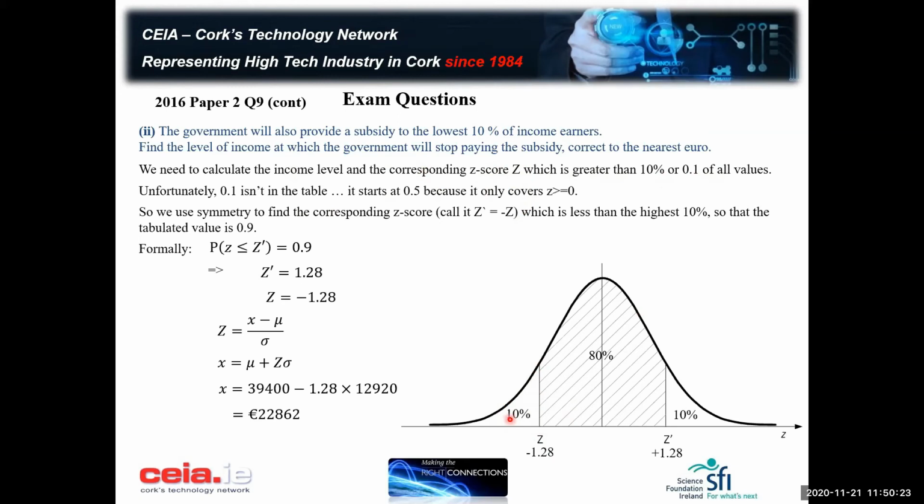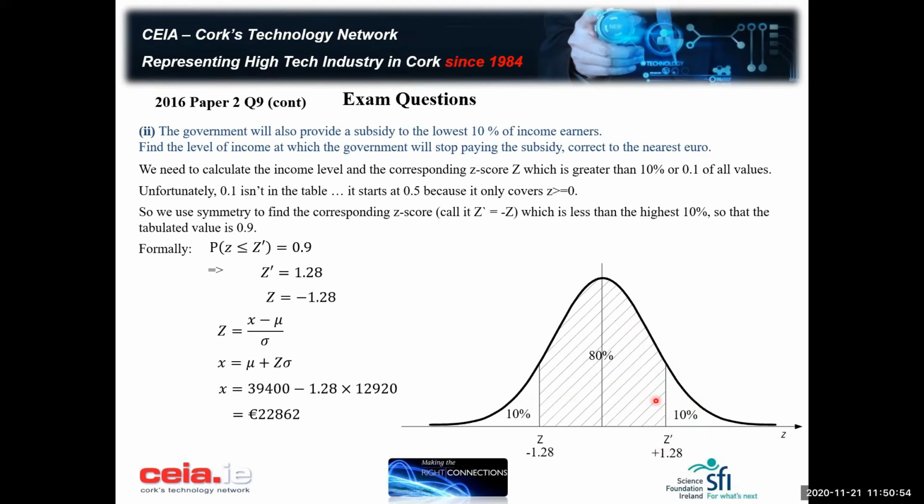So we actually need to use symmetry here to look at a corresponding value, which I'm calling z prime, where you would have 10% above this z prime, and that means that 90% would be below this z prime, and that's something that is tabulated.